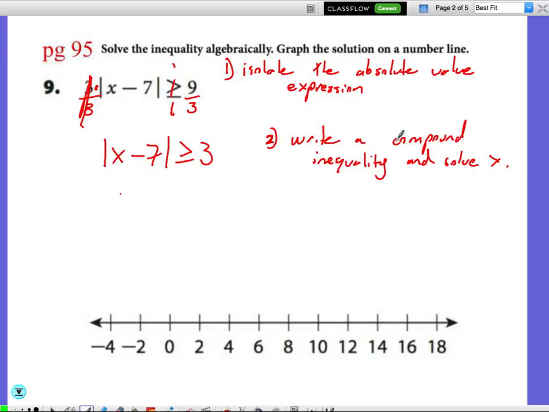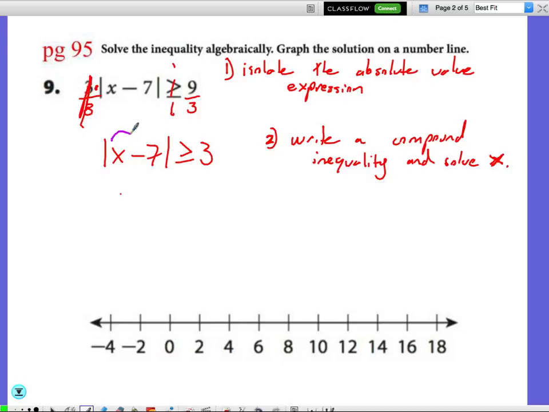So what do I mean by that? Compound inequality. Well, that's the only difference.